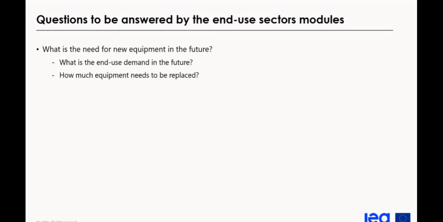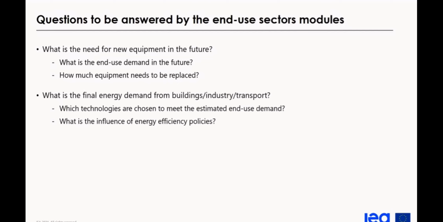And this requires asking the first question, which is what is the end use demand in the future? Then how much equipment needs to be replaced, how much new equipment we will need. And to do that, we are asking ourselves which are the technologies chosen to meet the estimated end use demand and what is the influence of energy policies.